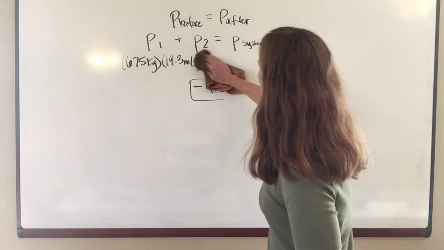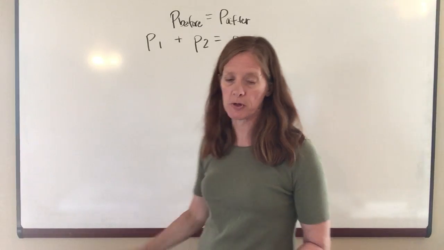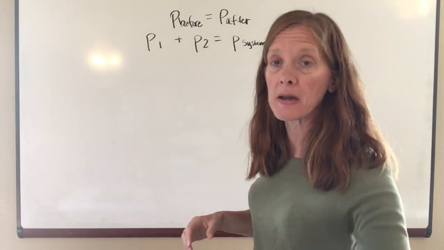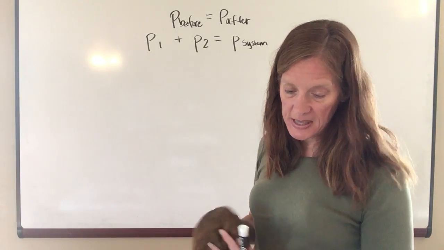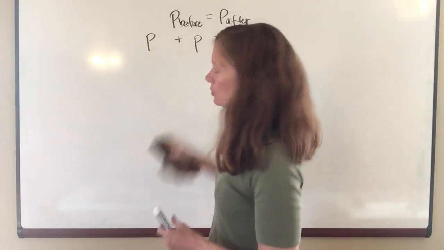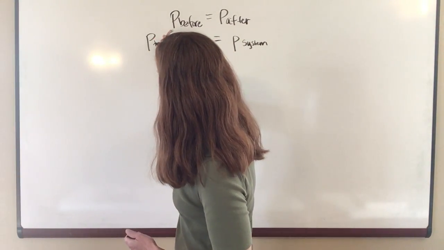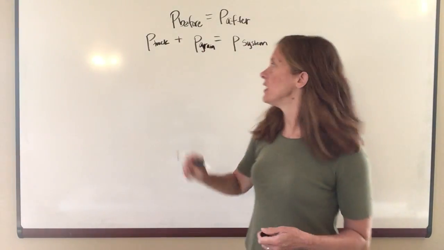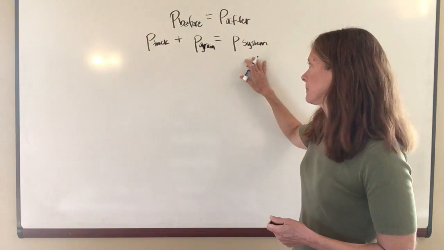Okay, so this setup is going to look very similar to the setup that we just used, because we know that the momentum before has to be equal to the momentum after in our system. And so in this case, in place of 1 and 2, we're going to have the momentum of the truck plus the momentum of the grain, and then afterwards we're going to have the momentum of the entire system.